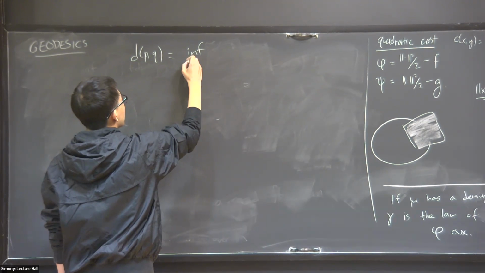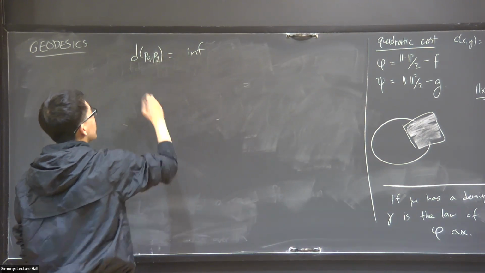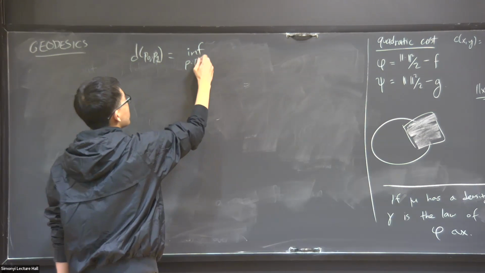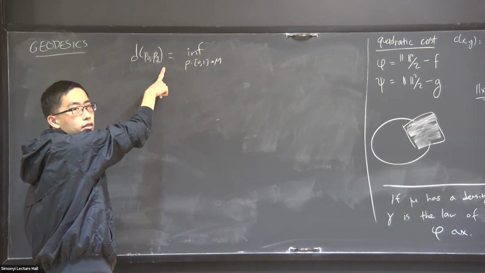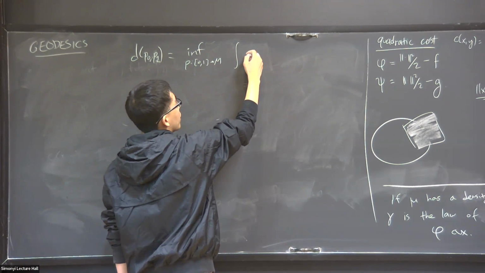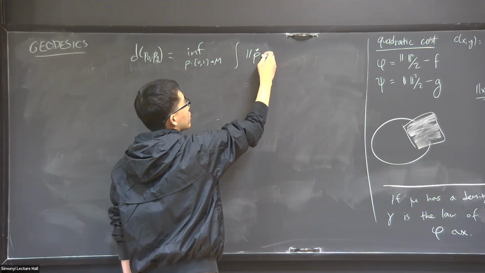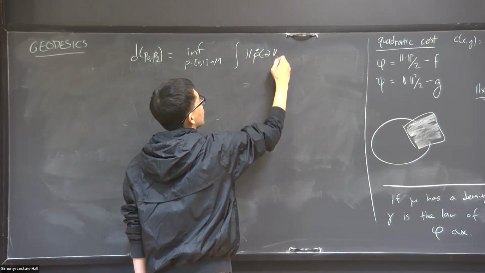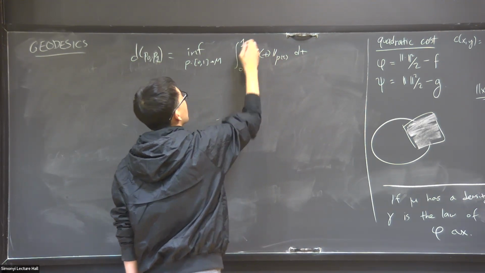Let's say these are points P0, P1. You look at all curves which start and end at P0 and P1, and then I minimize the length of the curve. What is the length of the curve? M is your manifold, the space you're in.